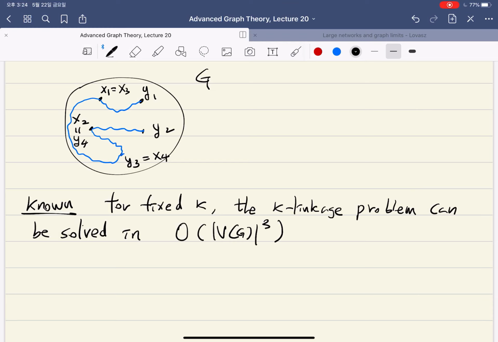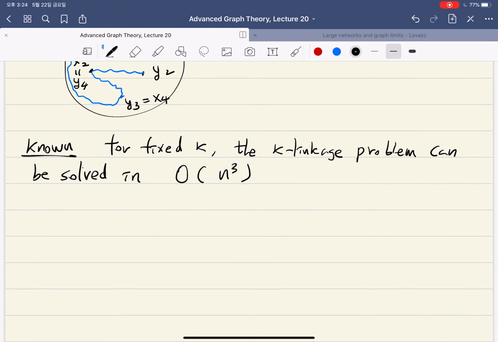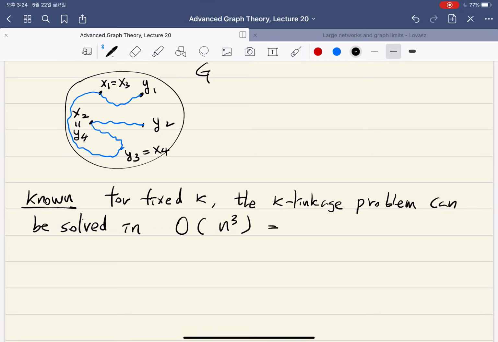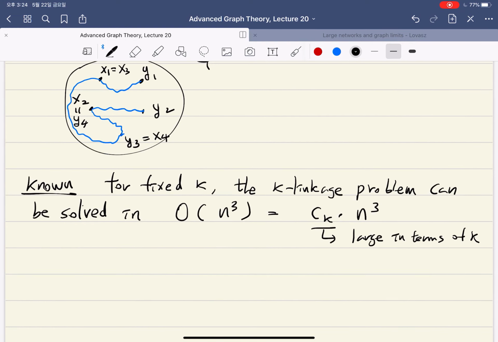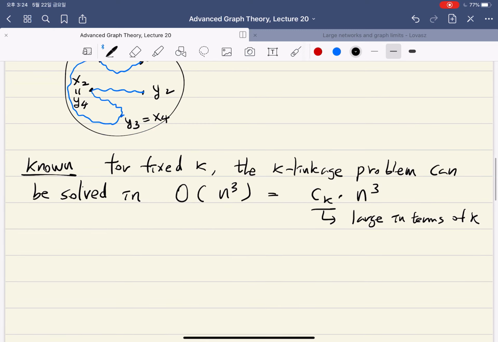Let's say G has n vertices. Then it can be solved in polynomial time in n, so n cubed. But again, this time is some constant depending on K times n cubed. And this constant depending on K, which doesn't depend on n, is large. But still, we know that such an algorithm exists.